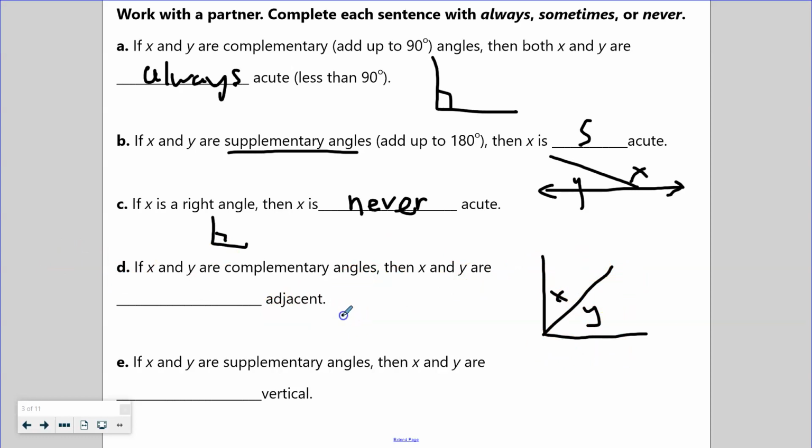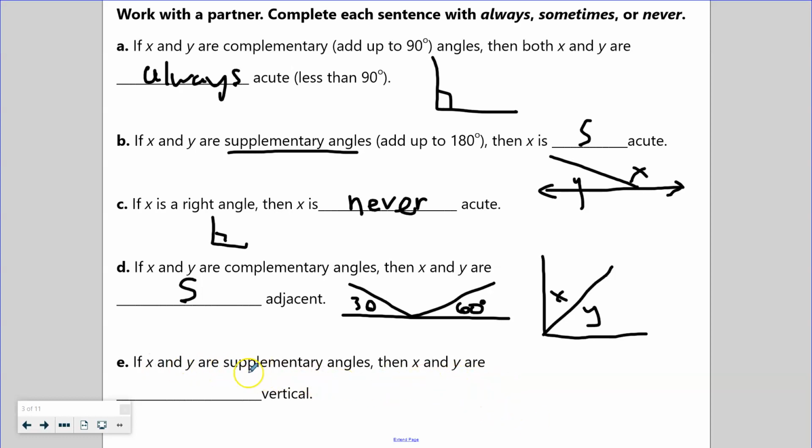But what happens if you say that something like this, and we have this angle, and we have this angle, and we say that this angle is 30, and this angle is 60. I know they look similar, but bear with me, right? Now, they're not right next to each other, so we would say that sometimes they can be adjacent, not always, right? This is going to be a yes, this is going to be a no, so we have to use the sometimes. If X and Y are supplementary angles, then X and Y are vertical, right?